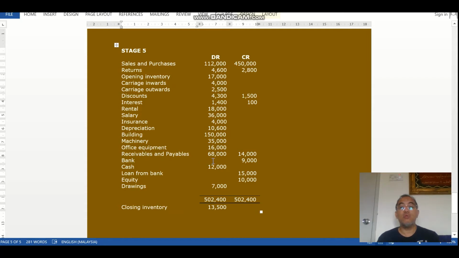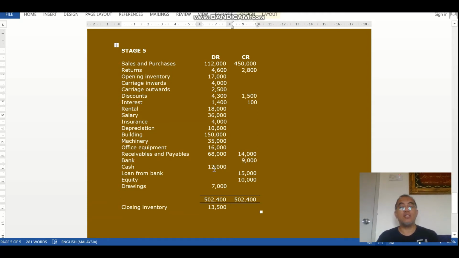Bank should normally be at the debit side, but here in this question, it is put at the credit side. When it goes to the credit side, it is a bank overdraft. A bank overdraft is different from the normal cash at bank that we have. It is something that you owe the bank for a temporary period of time, so it is your current liability.